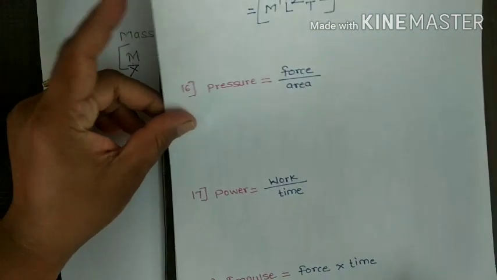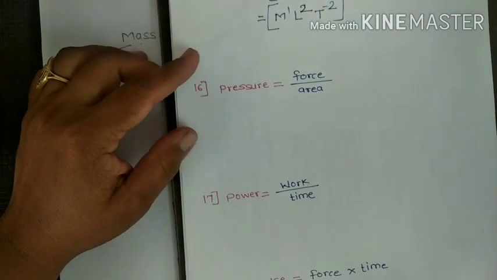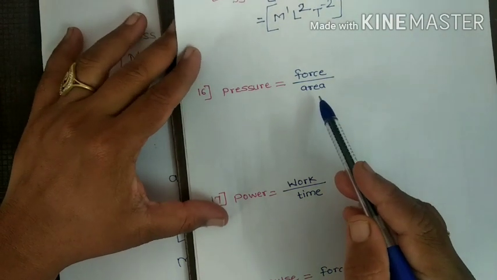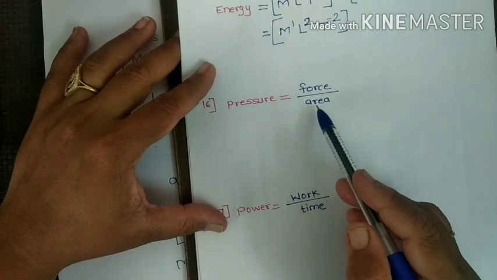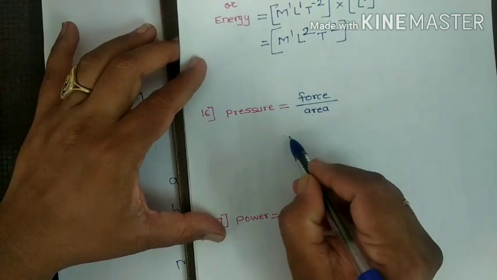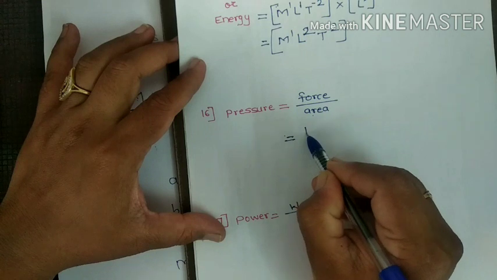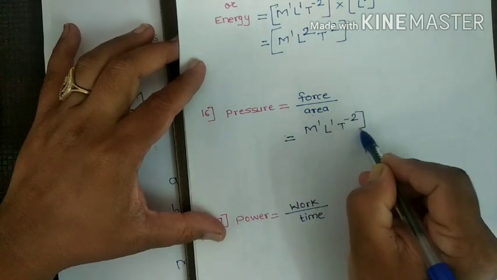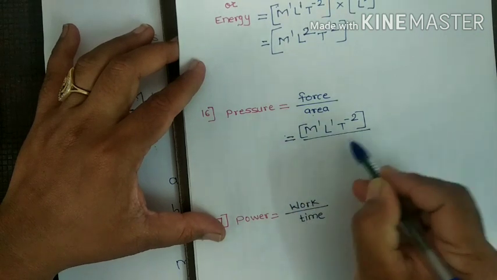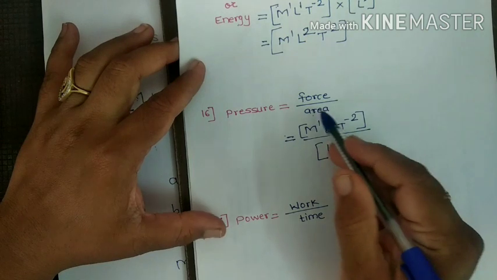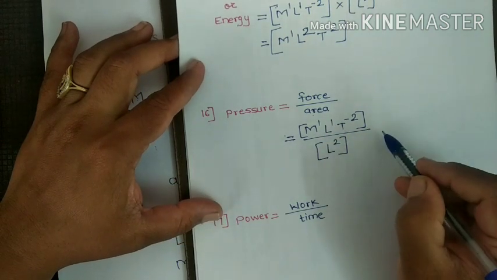Then pressure. We have to find out the dimensions of pressure. We have to use the formula force upon area. Again use the dimensions of force. What are the dimensions of force here? M^1 L^1 T^-2. And for area, that is L^2. We have already found the dimensions of area.